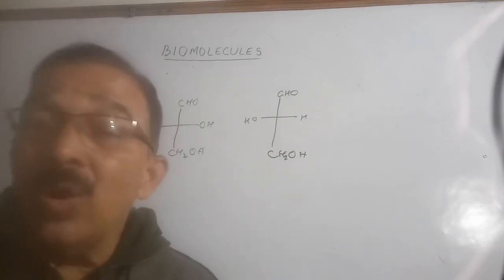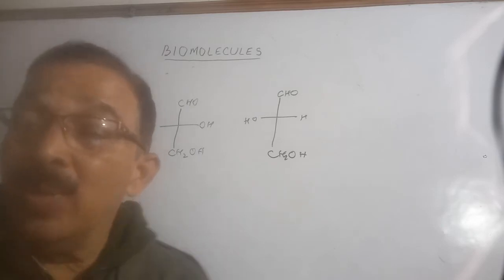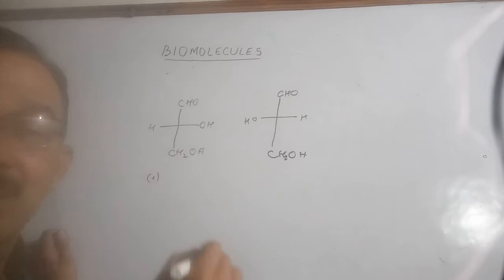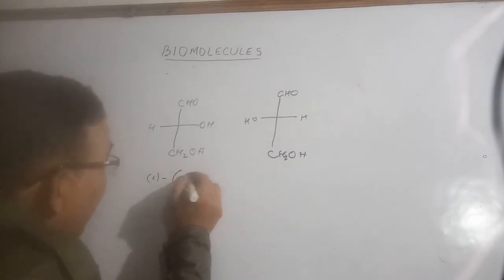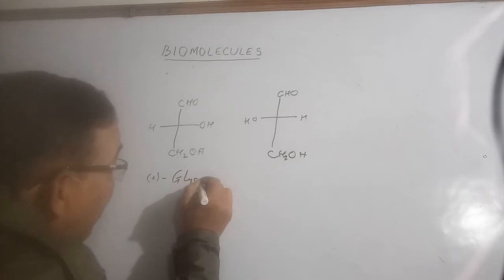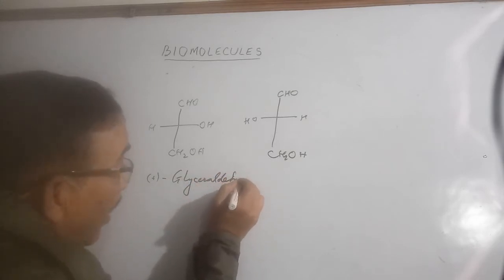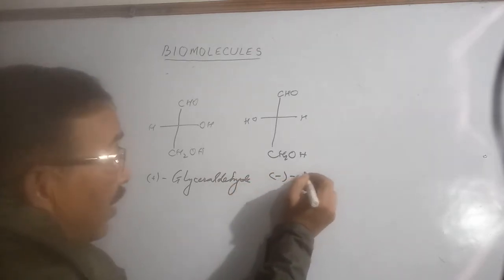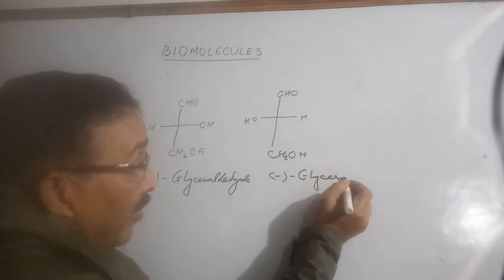The most oxidized carbon is at the top, and the name of this one is plus glyceraldehyde, and here is your minus glyceraldehyde.